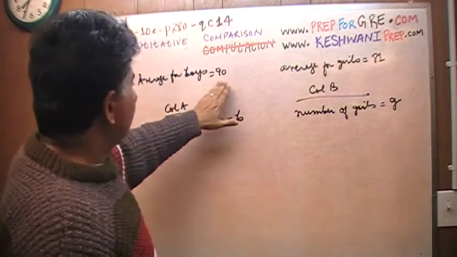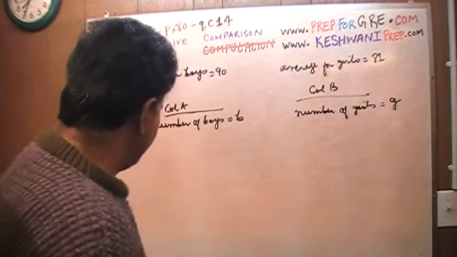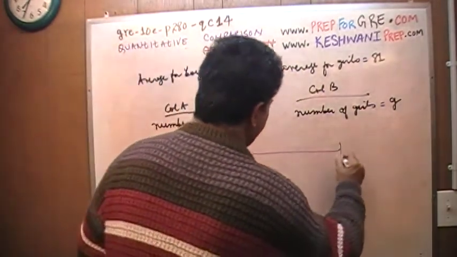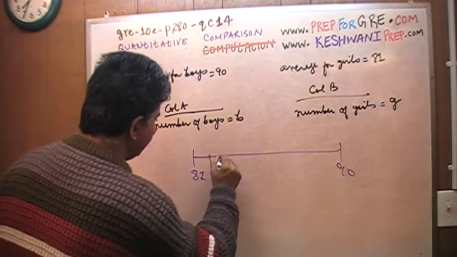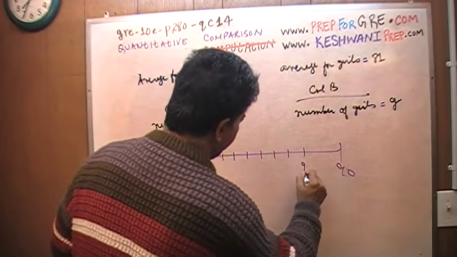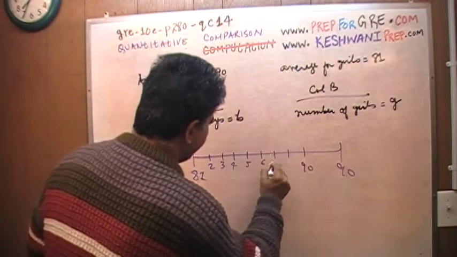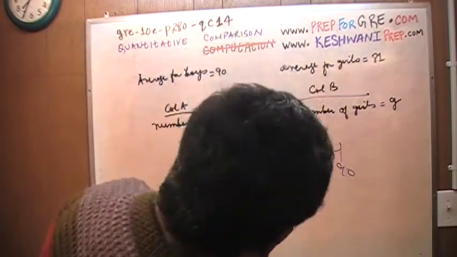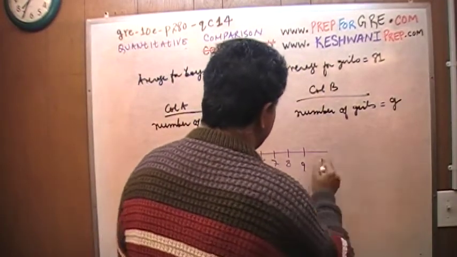Look, the average for the boys is 90, the average for the girls is 81. Let's put them on a scale here so we can see. Here is my 81, 82, 3, 4, 5, 6, 7, 8, 9, and finally the 90.